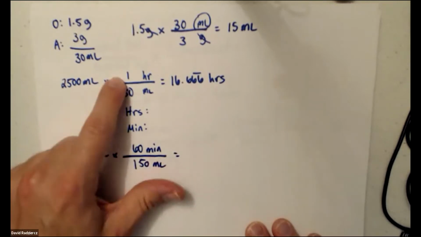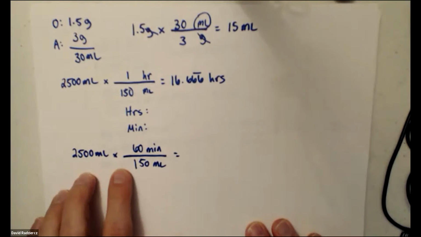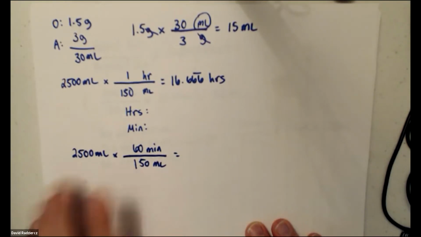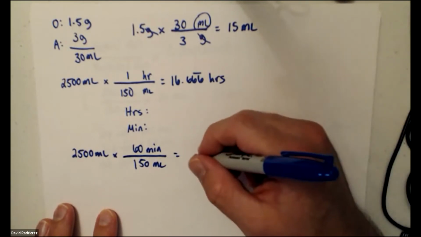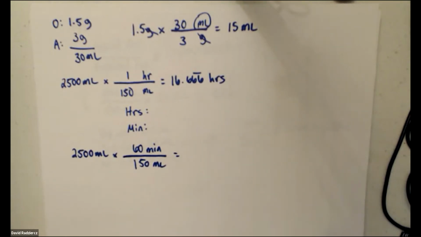I think we can all agree that 1 hour and 60 minutes are the same. I'm going to get hopefully a whole number of minutes, and that'll help me figure out how many hours, and then give me the exact minutes I'm looking for. So we're going to try this out together. This is called figuring stuff out.